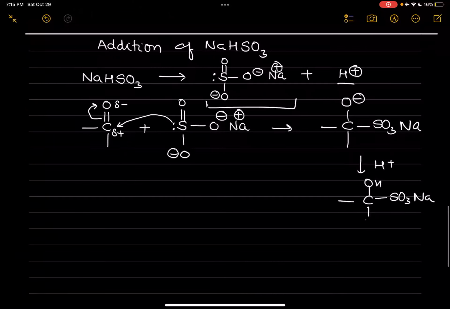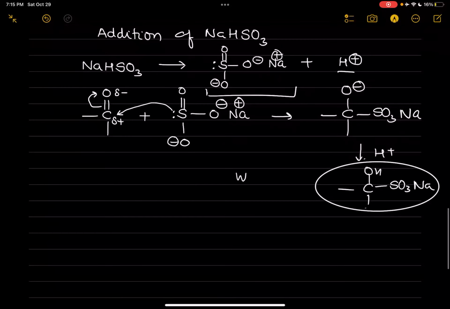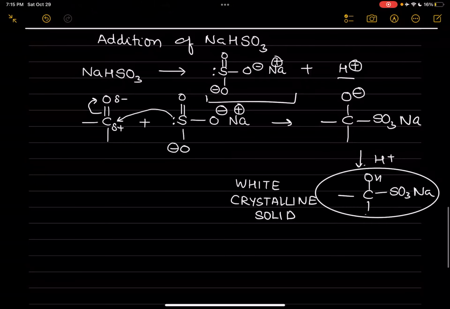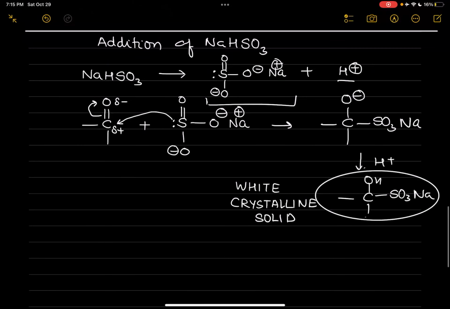This is known as sodium bisulfite adduct, and it is a white crystalline solid. Is it clear? Yes.